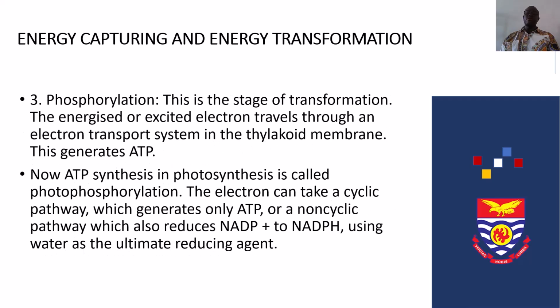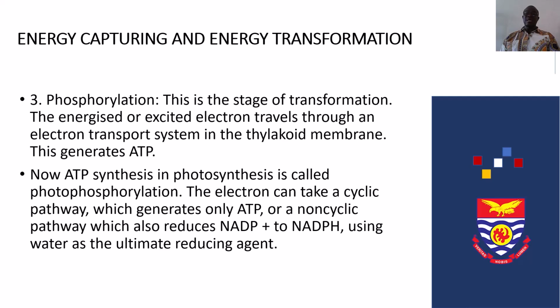3. Phosphorylation. This is the stage of transformation. The energized or excited electron travels through an electron transport system in the thylakoid membrane. This generates ATP. Now, ATP synthesis in photosynthesis is called photophosphorylation.